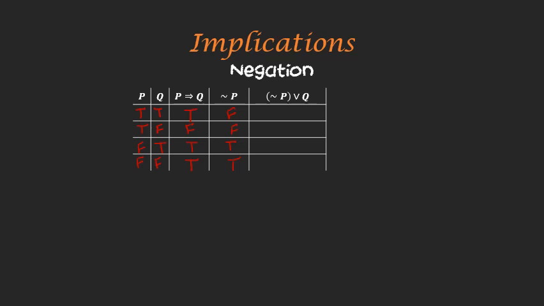And then over here I'll compute not P or Q. So I'm looking at the not P column and the Q column. In this case Q is true, so it's true. They're both false here, so this is false. And then here they're both true, and here not P is true. So this is pretty cool. P implies Q, that column, is the same thing as not P or Q. These are really saying the same thing.